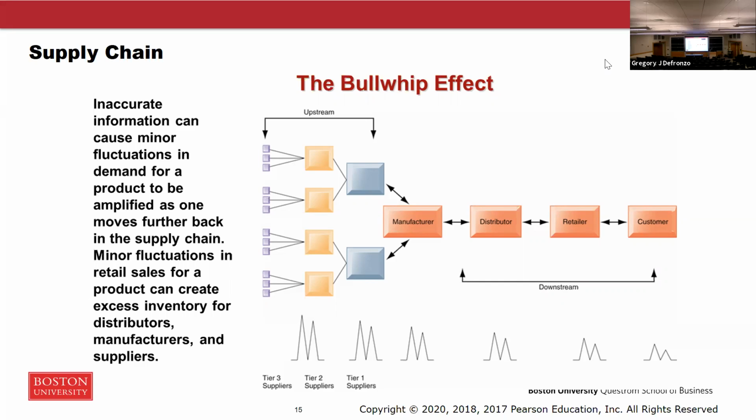So it's all based on faulty information. And guess what? If companies don't retune their formulas for reordering once the pandemic finally slows down, we're going to have exactly that same issue. We're going to have warehouses full of toilet paper that are going to eventually rot, right?